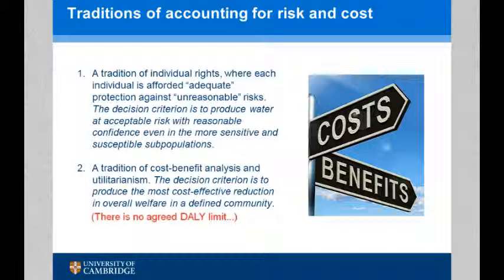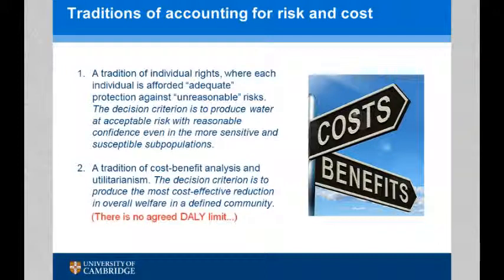And now I understand this has issues associated with the fact that I'm allowing a health benefit in one person to partially outweigh a health detriment in another person, and therefore that can violate some of the individual rights concerns. But my argument is that the whole cumulative risk assessment framework, in order for it to work, has to work in this sort of cost-benefit analysis utilitarian tradition.